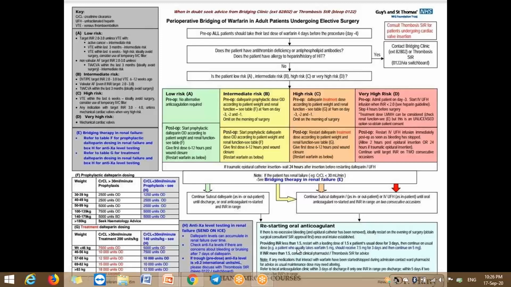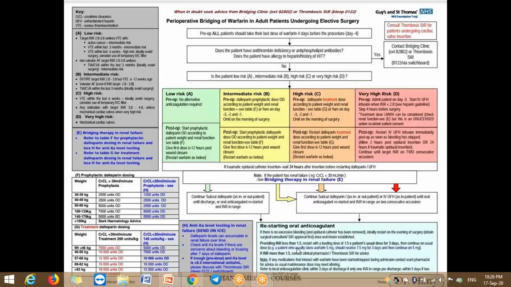Then I will bridge the woman with low molecular weight heparin, or unfractionated heparin in a high-risk woman. Then I will monitor the patient; if she is taking a prophylactic dose, until 12 hours from cesarean section. If she is taking a treatment dose, it will be stopped at 24 hours from the cesarean section.